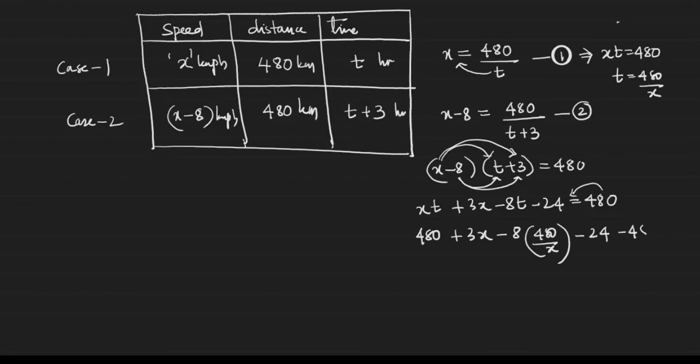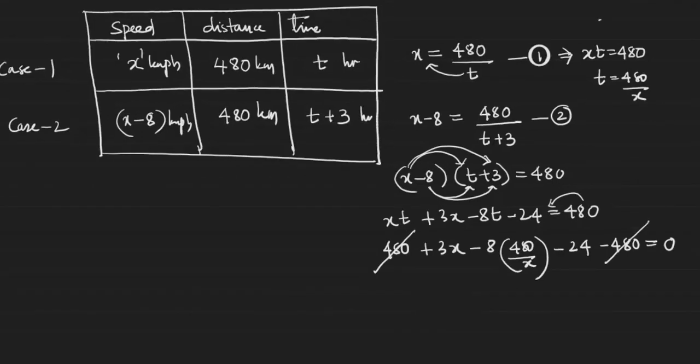It becomes minus 480 equals 0. Let me cancel 480 and minus 480. So we get 3x minus 8 into 480, which is 3840, divided by x, minus 24 equals 0.